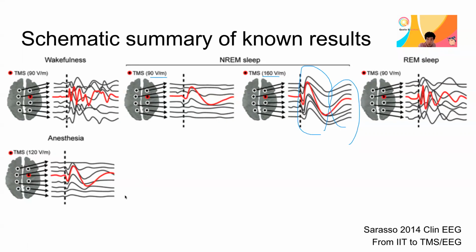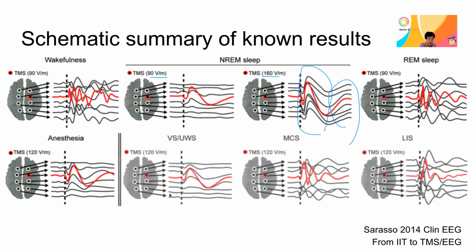It's either local, or doesn't propagate across the brain, or propagates too much and then uniformly dies out. And then the most clinically relevant is this, different kinds of brain injury. Vegetative state or wakefulness syndrome is similar to general anesthesia or non-REM sleep. It either shows a focal pattern or is uniformly excited and then dies out.